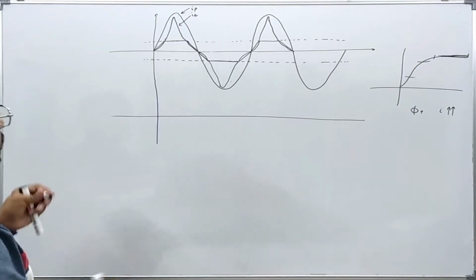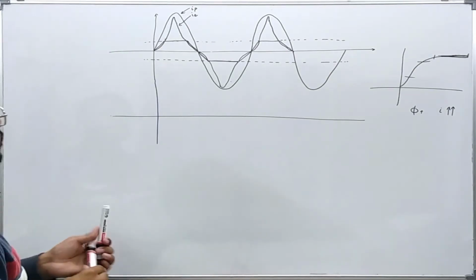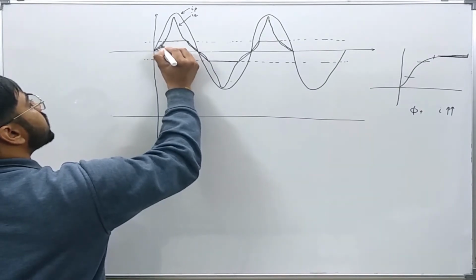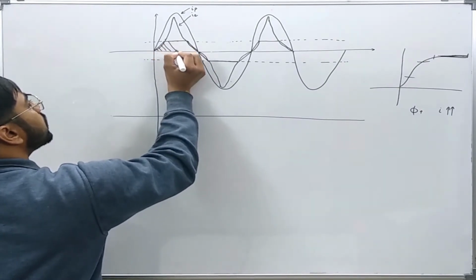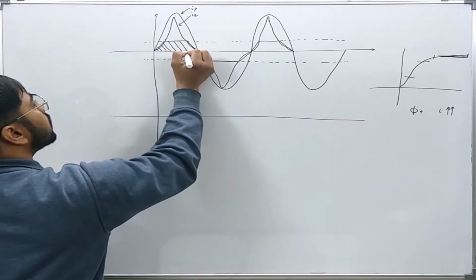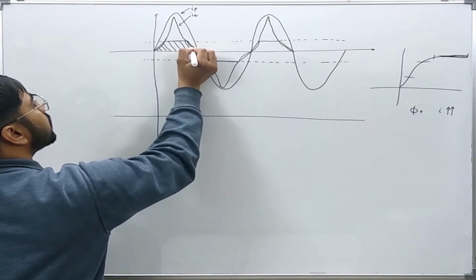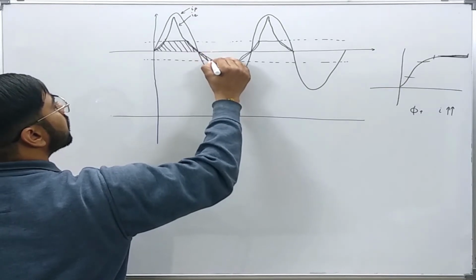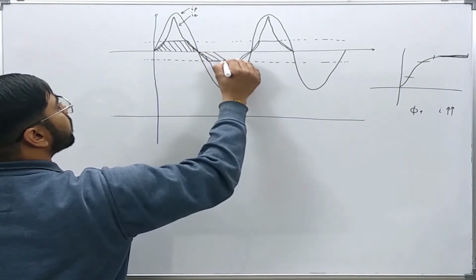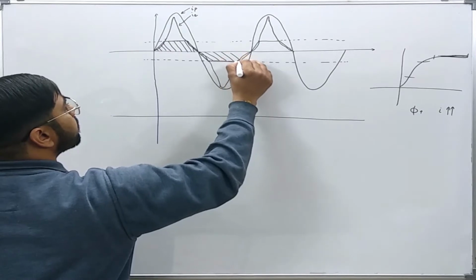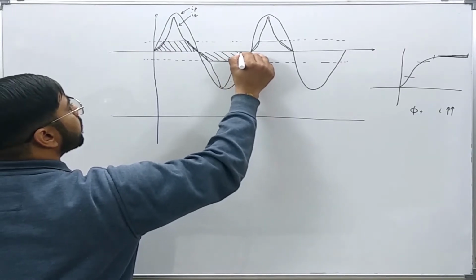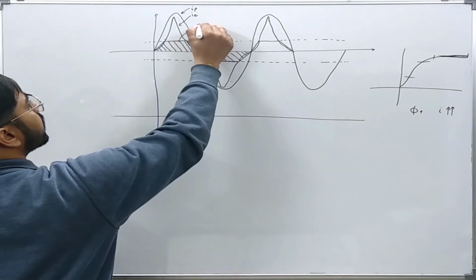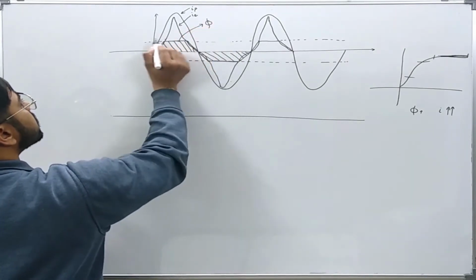If I want to draw the waveform of the flux clearly, then I can shade it like this. So this is the waveform for the flux and this is phi m.